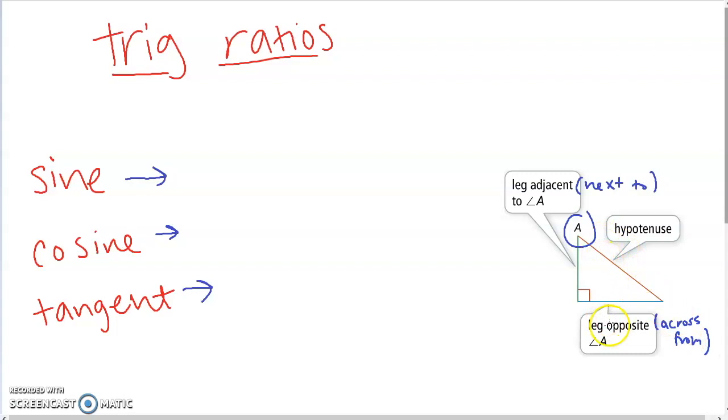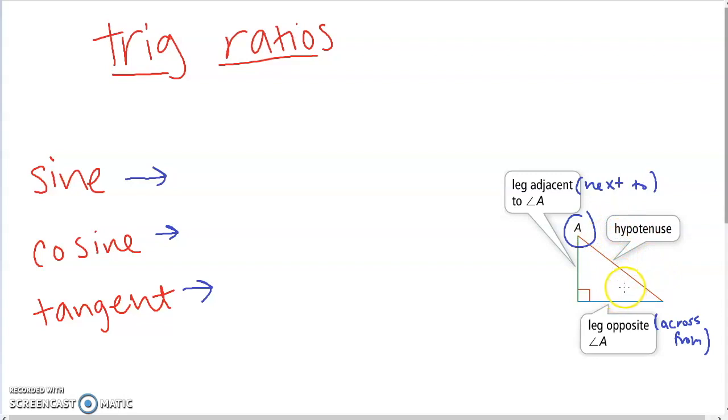We can say that this side is opposite of angle A because it's right across from it. The last term is hypotenuse. These trig ratios apply to any right triangle. In this case, the side that is opposite from the 90-degree angle is called the hypotenuse. It is also the longest side.